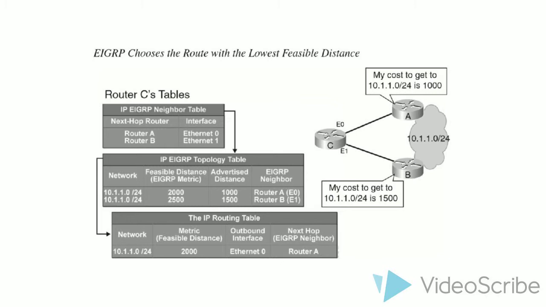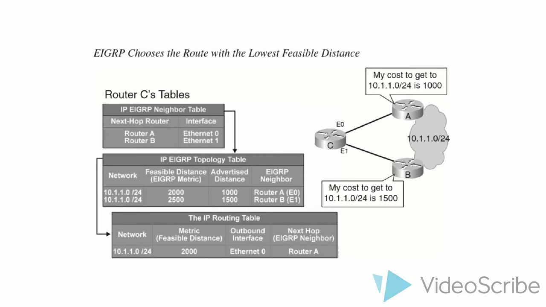The routing table on router A has an EIGRP metric of 1000 for 10.1.1.0/24. Therefore, router A advertises 10.1.1.0/24 to router C with a metric of 1000. Router C installs 10.1.1.0/24 from router A in its EIGRP topology table with an advertised distance of 1000.